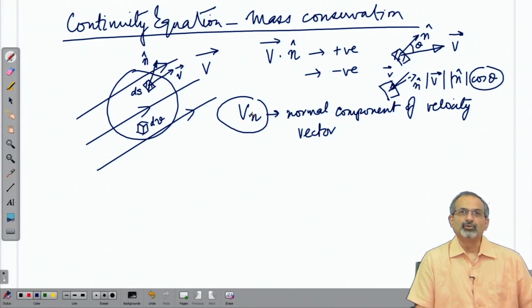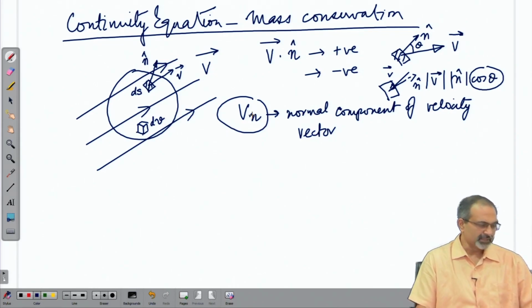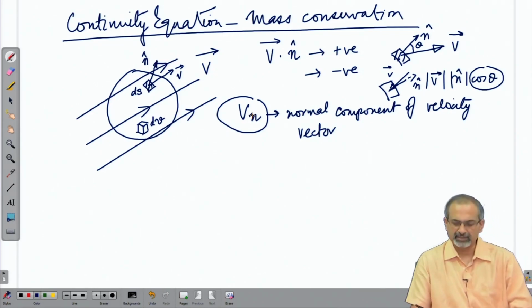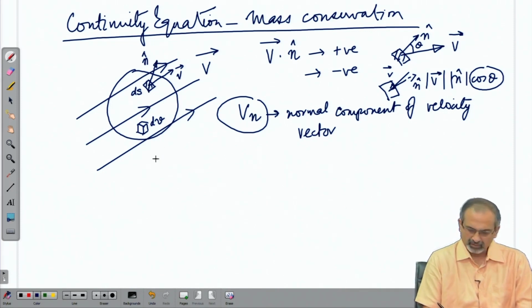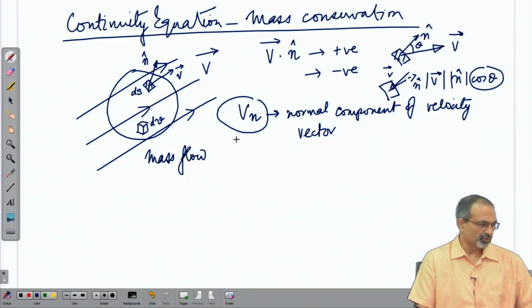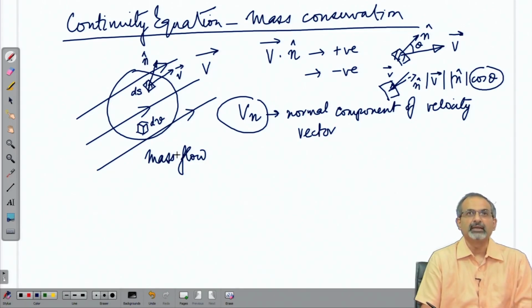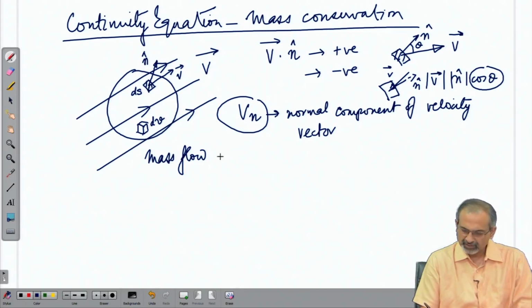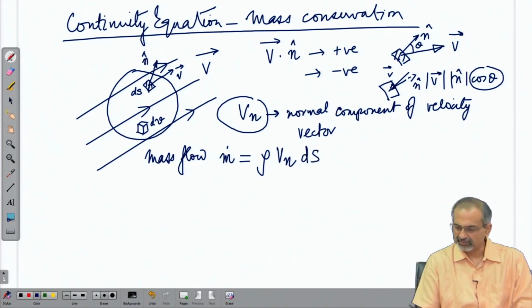And then if you look at this quantity V n, it helps us to define a very important quantity, which is the mass flow. So, how would we define the mass flow? Through that elemental area d s, we can define it as m dot, which gives you rho times V n times that elemental area d s, let us say.